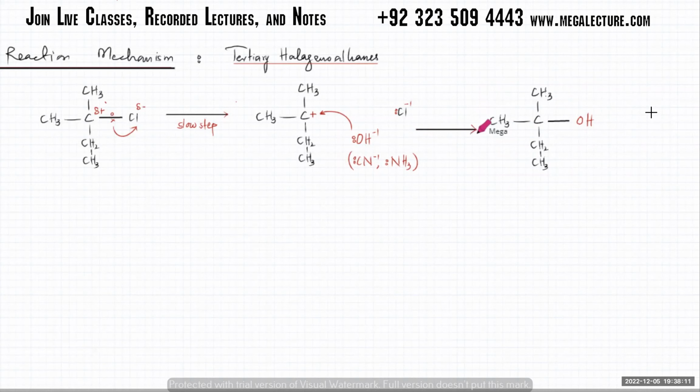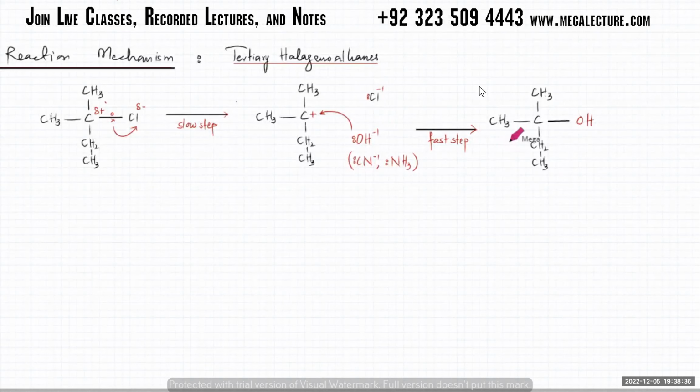The first step was slow. The second step is a relatively fast step because you don't have much going on. In the second step, the Cl minus has already been knocked out, and very quickly the OH minus steps in and grabs the carbocation.